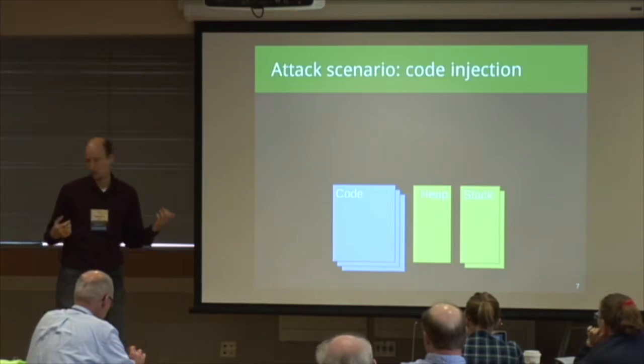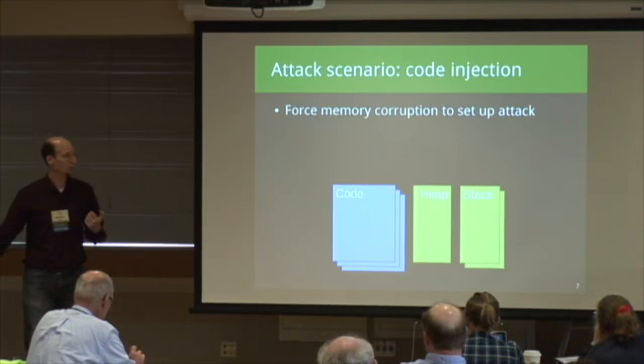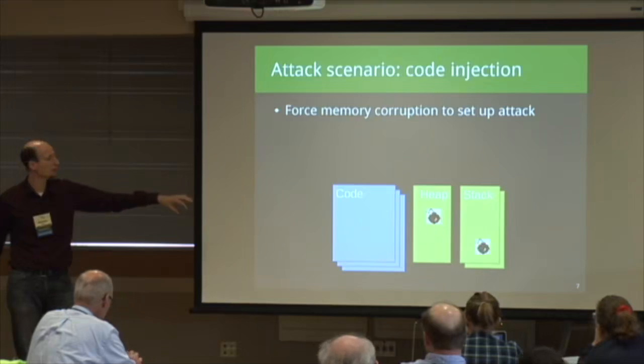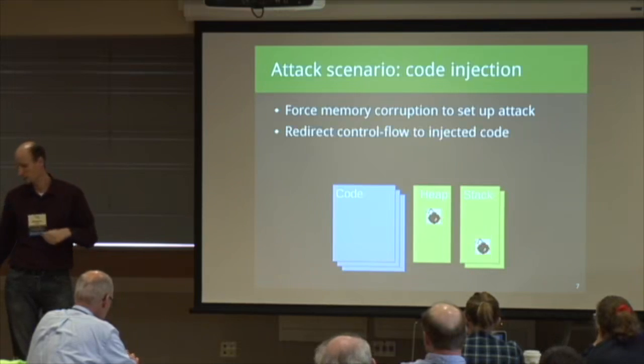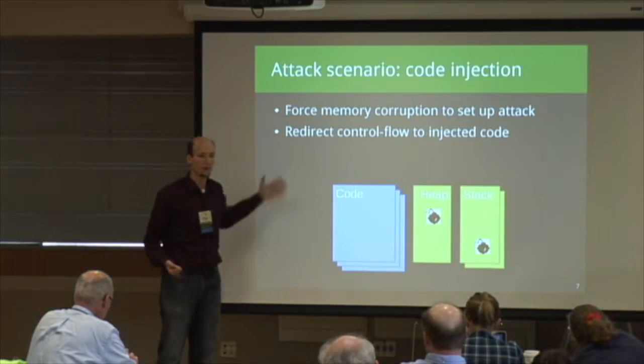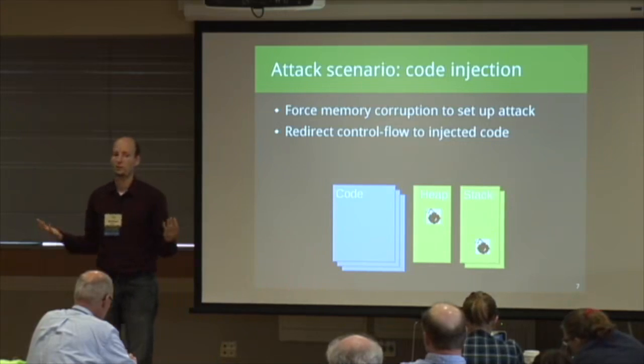This is a simple scenario that uses a memory corruption to set up the initial attack, where the attacker overwrites either some part of the heap or some part of the stack. In the second step, the attacker redirects the control flow from the executing program to this newly injected data, which is then interpreted as code.